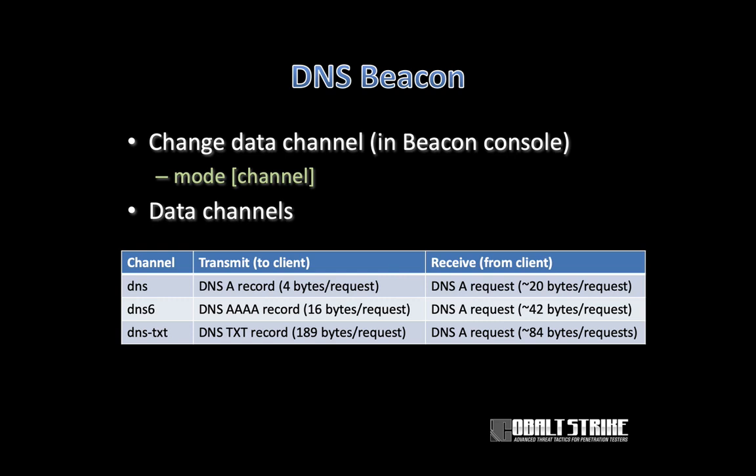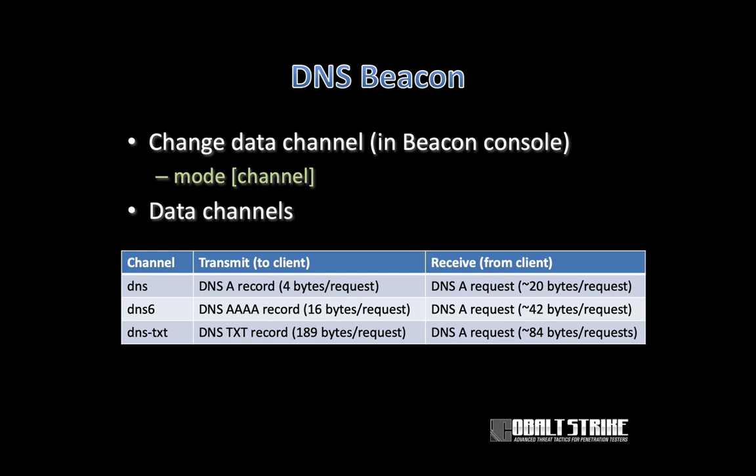Things are a little different. The DNS beacon is no longer a mix of an HTTP and DNS beacon. The DNS beacon does not have an HTTP channel anymore. Its default mode is DNS text to download taskings over DNS text records. But if you want to change the data channel, you still can do that.